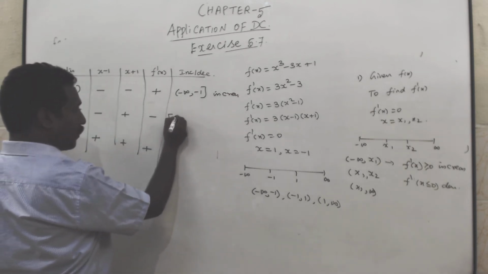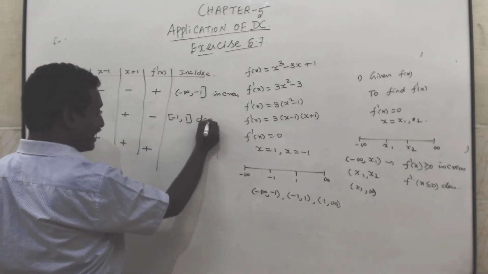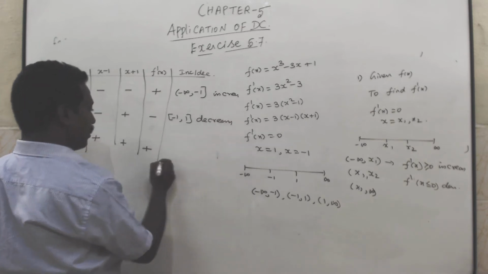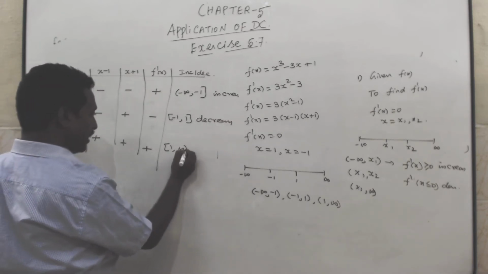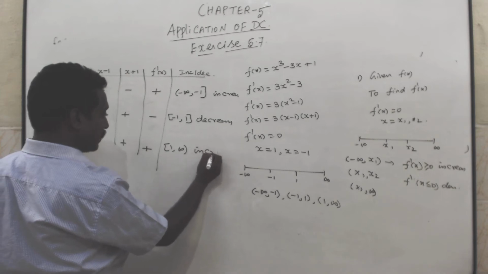Minus 1 comma plus 1 is decreasing. 1 comma infinity is increasing.